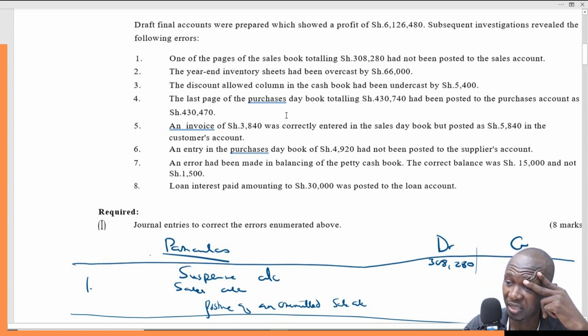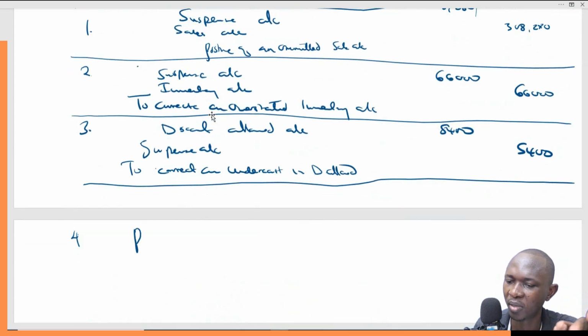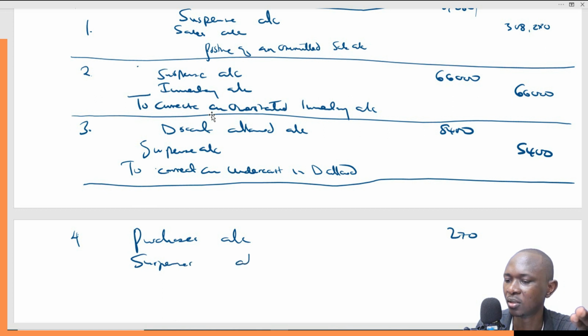The last page of the purchases daybook had been posted to the purchases account with a shortfall. Purchases is supposed to be a debit entry, so it means it was undercasted. So we debit the purchases account with 270 and credit the suspense account with 270.